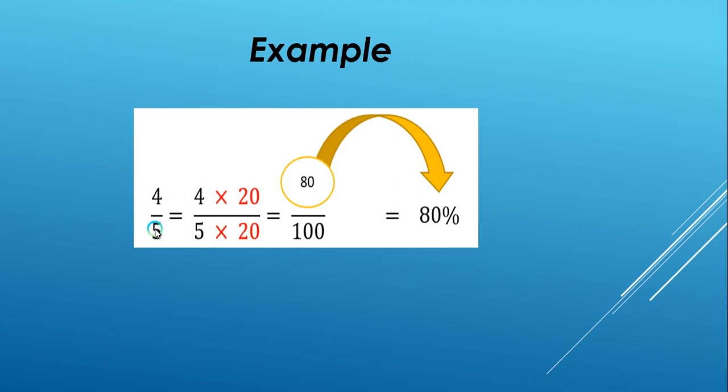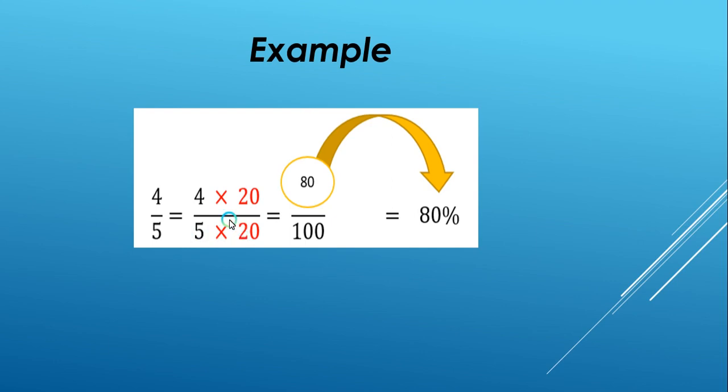I have 4 over 5. So my objective is to change this 5 to 100. That means I will find an equivalent fraction of 4 over 5, but this equivalent fraction has the denominator 100. So I will ask my simple question, how can I change 5 to be 100?